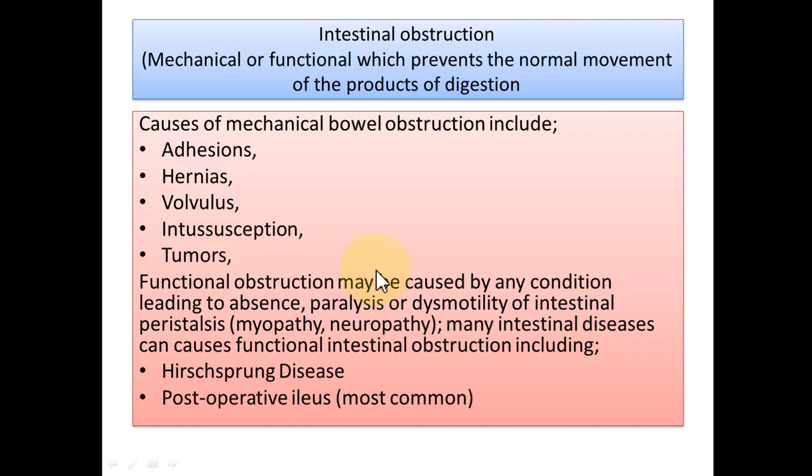The functional obstruction will be caused by any condition that damages the muscles and nerves in the intestine. We know that the intestine has a sympathetic and parasympathetic nerve supply, and in between the circular and longitudinal muscles lies the Myenteric plexus, which is mostly associated with intestinal contractions and peristalsis.